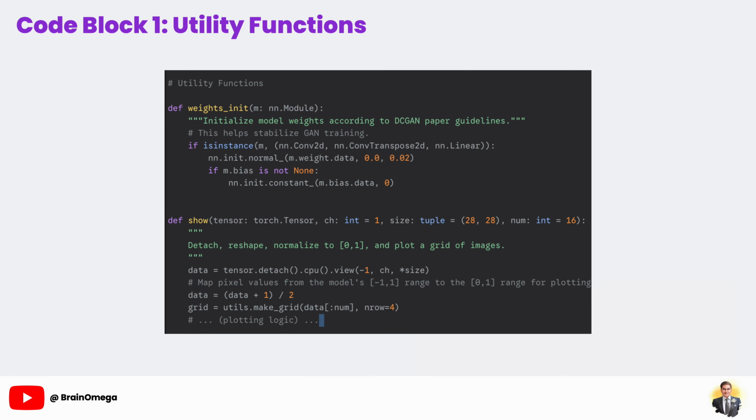Then it reshapes the data and, most importantly, remaps the pixel values from the -1 to 1 range to the 0 to 1 range that image viewers expect. Finally, it arranges them in a nice grid and plots them. This function will be our window into the generator's mind.